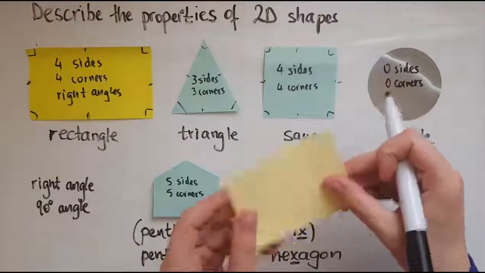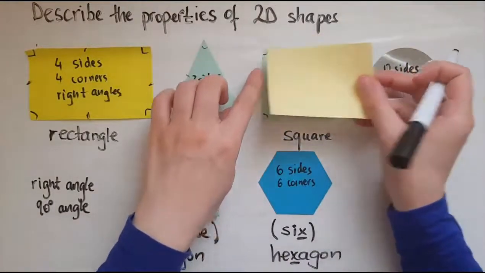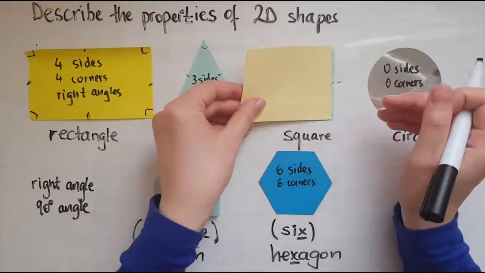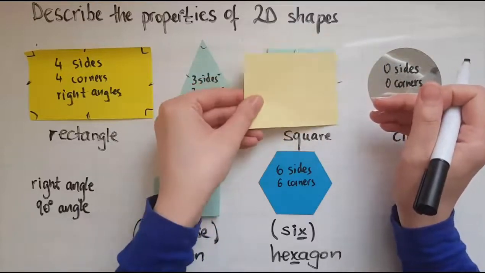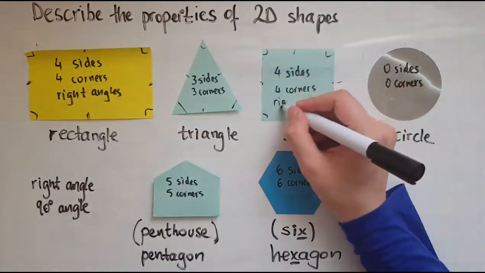And if you look at the square, it also has right angles. So this has right angles as well.